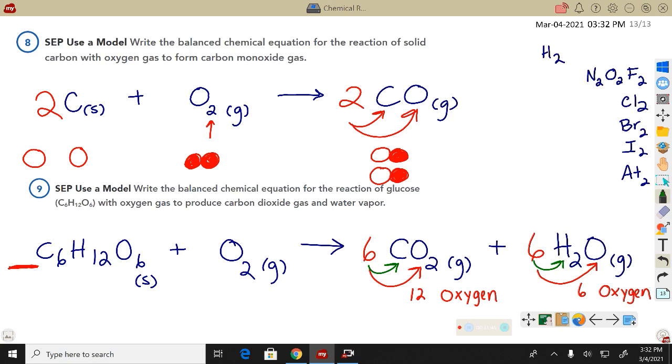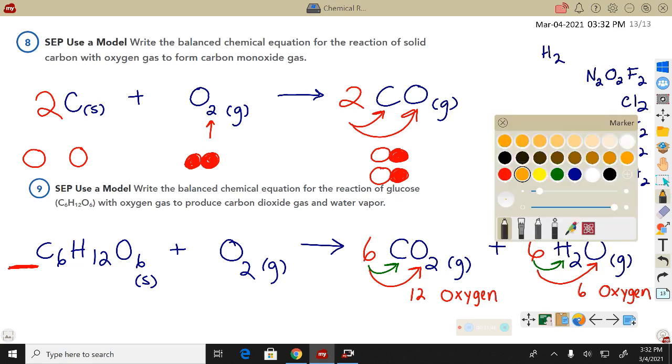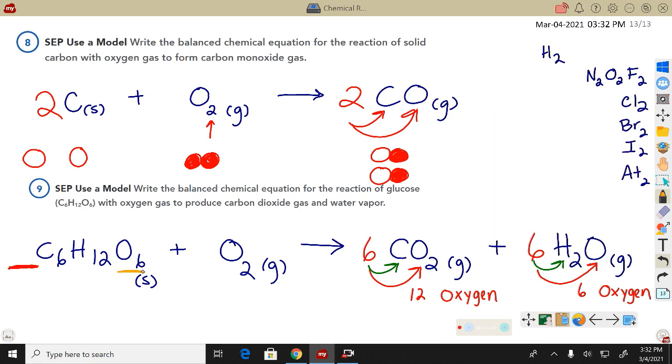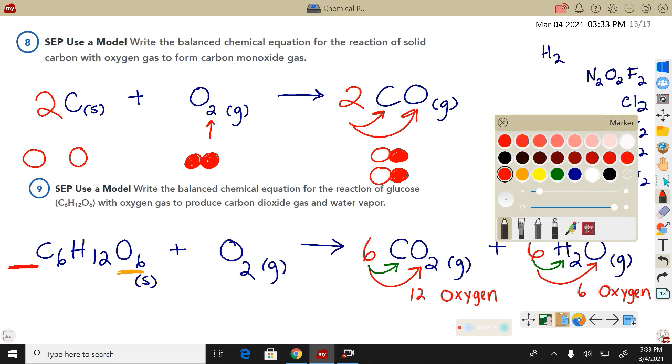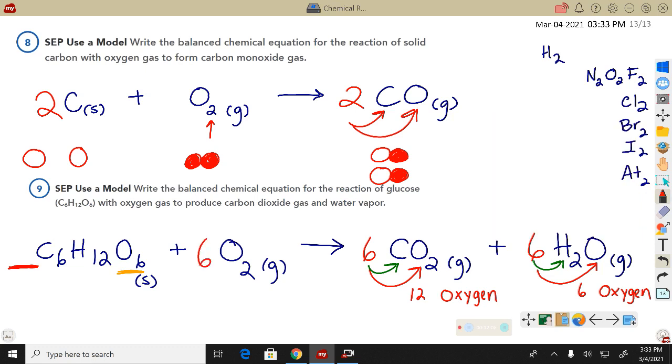So instead, I'm not going to put a coefficient in front of glucose, but here's 6 oxygen, and I don't want to mess with those. I need to get a total of 18. So if I already have 6, what if we just put 6 right here?